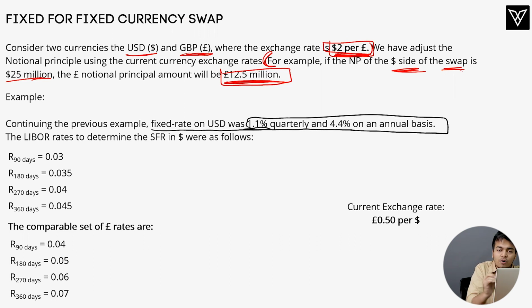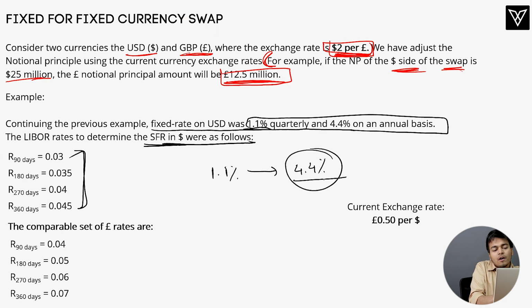This is what we had already done in terms of USD. The LIBOR rates to determine this SFR in dollars were as follows. We had used these LIBORs and arrived at 1.1% quarterly and 4.4% on an annual basis. So this is how exactly it works out. Now what we need to do, so we already have the fixed rate in terms of what?